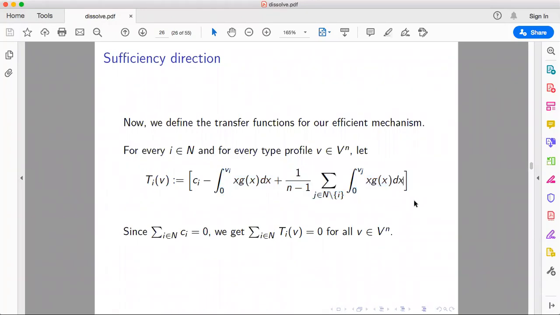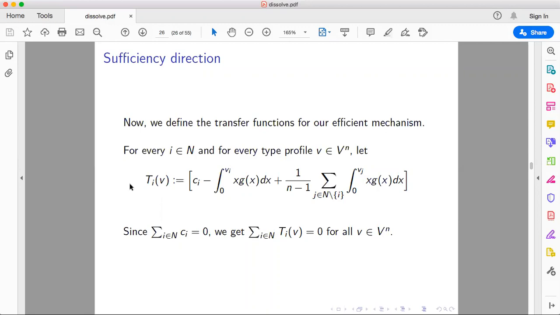The only thing to observe here is they are cleverly constructed so that when you sum over all ti(v), it will become the sum over ci, and this sum will exactly become this sum. It's done so that this sum is equal to this sum, so they cancel each other out. And because the sum of ci is also equal to 0, what we have is that the sum of ti(v) is equal to 0. So the transfer function is constructed so that budget balance is maintained.